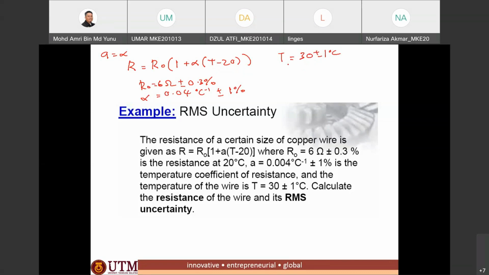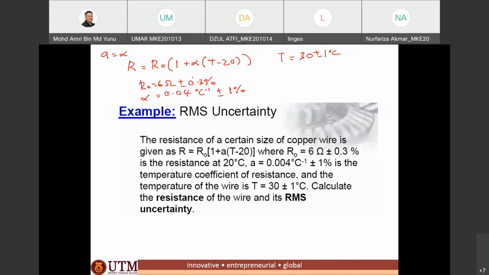Here T is given as an absolute value, but for R naught and alpha, the uncertainty is given in percentage. So we need to convert that into absolute uncertainty for R naught and alpha. So here it is stated that 0.3% from the nominal value.